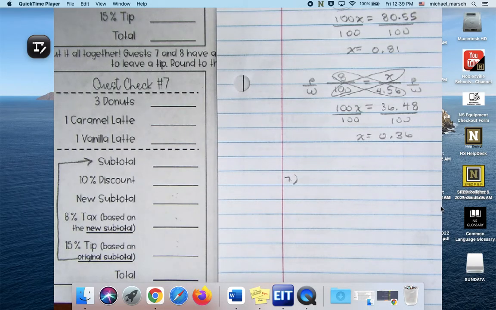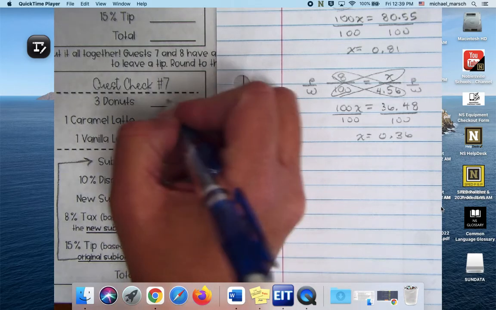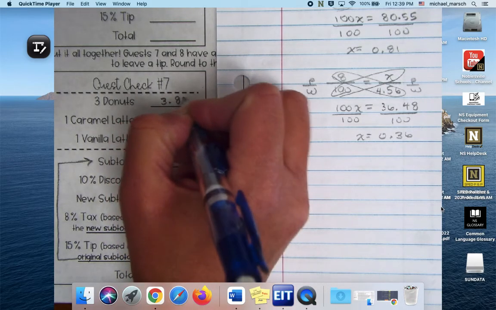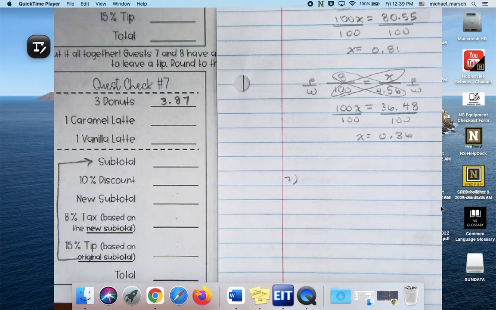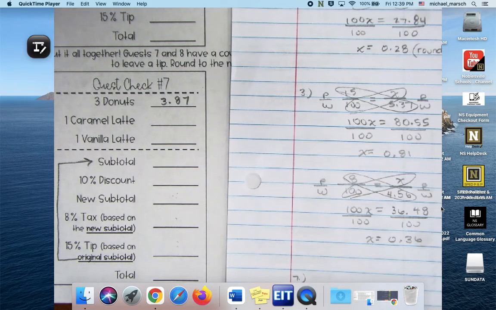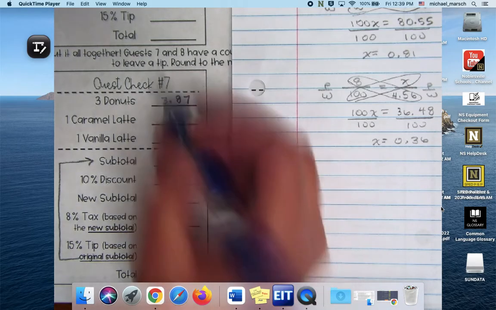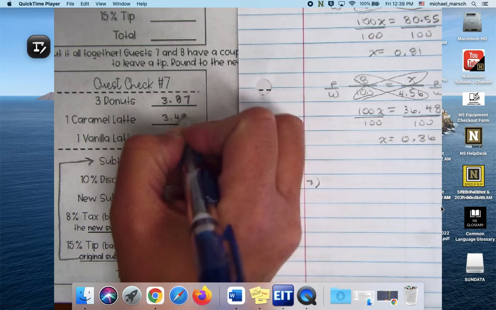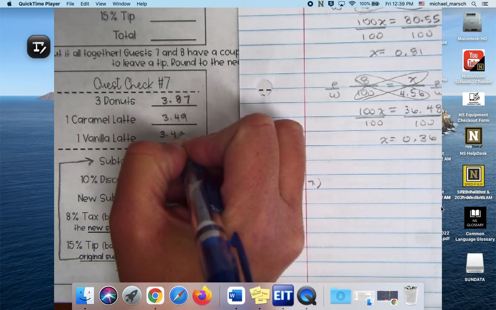Right, so $1.29 times 3. And then luckily the lattes cost the same, so we have $3.49 for one latte, $3.49 for the other latte.